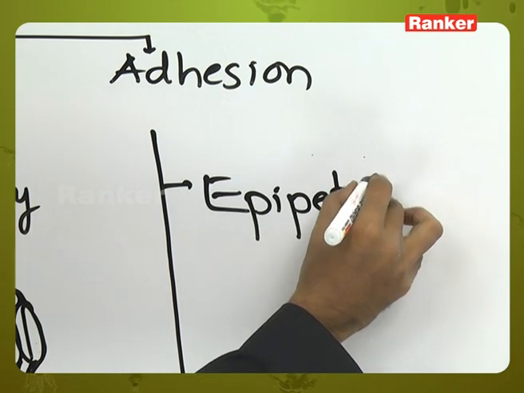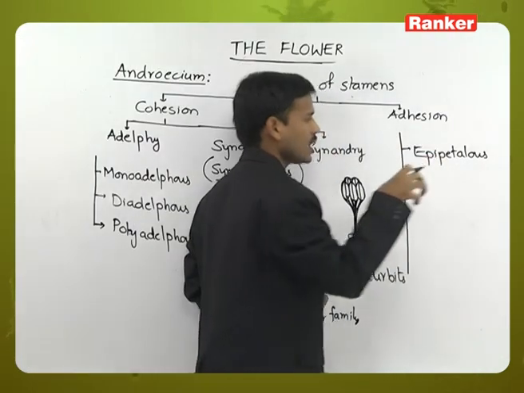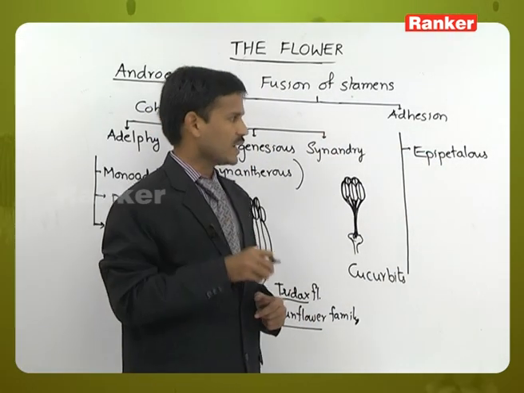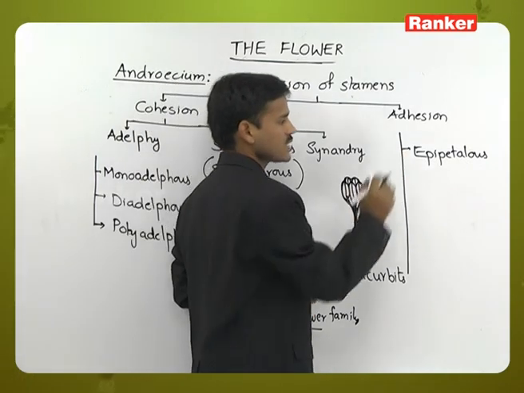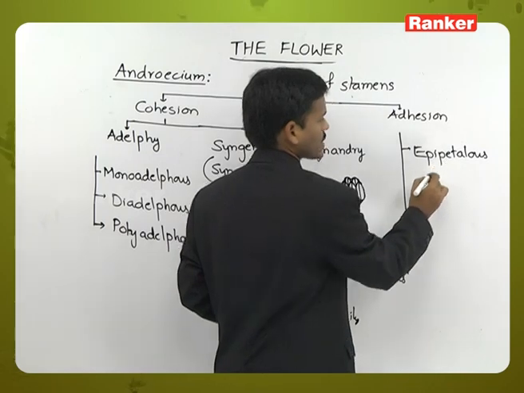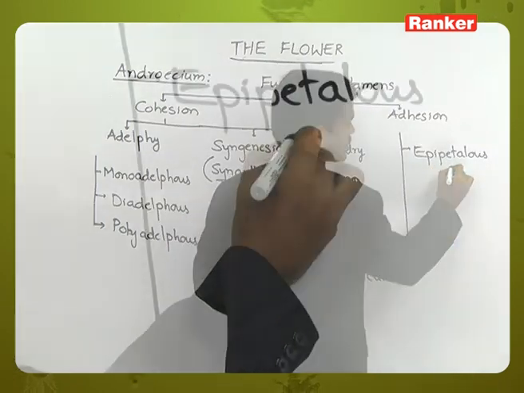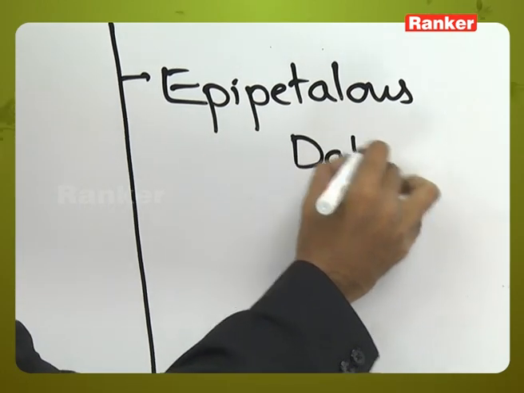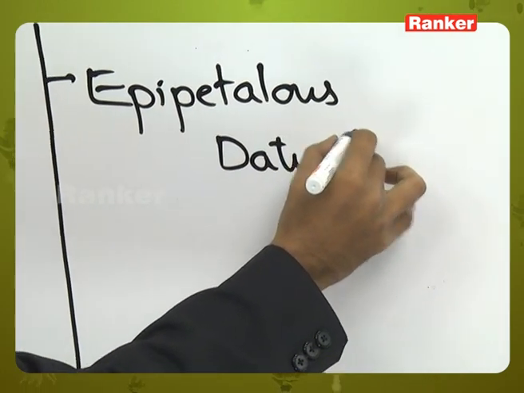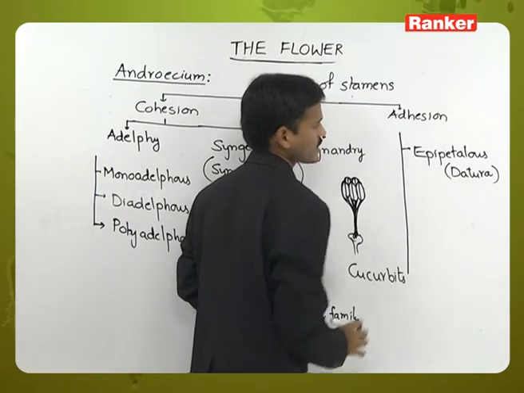Epi means upon, so the stamens are attached on the petals. This epipetalous condition is observed in Datura or Solanaceae family members.